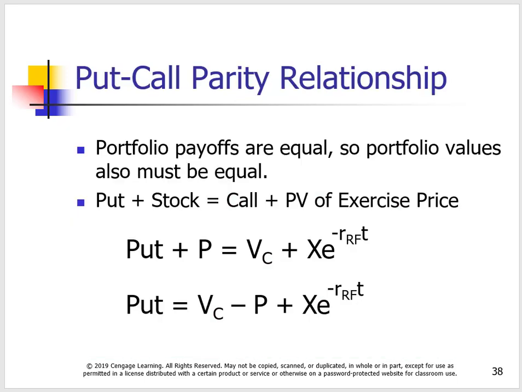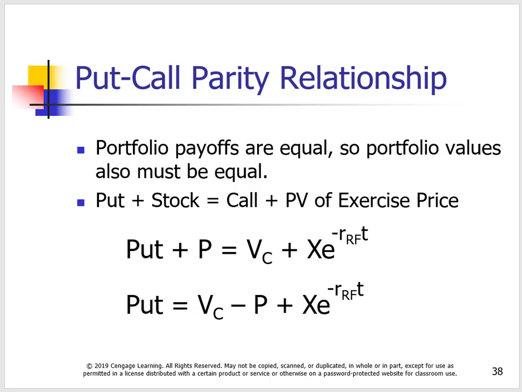The last thing we want to talk about is just a theory, but it's something referred to as put-call parity. Put-call parity says that there is an equality that has to hold within these securities or arbitrage is possible.